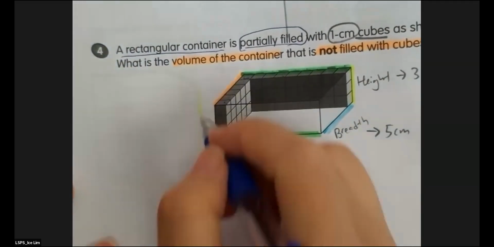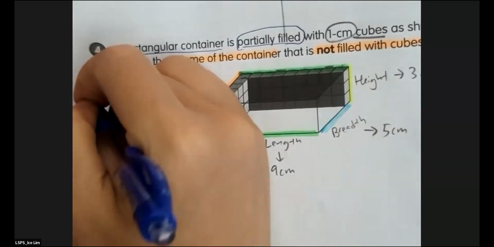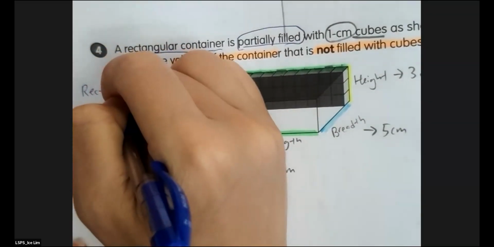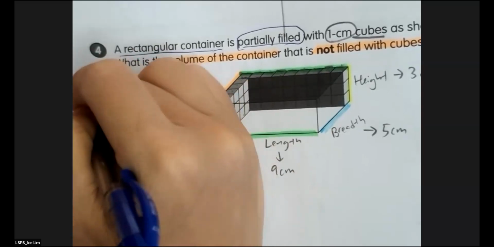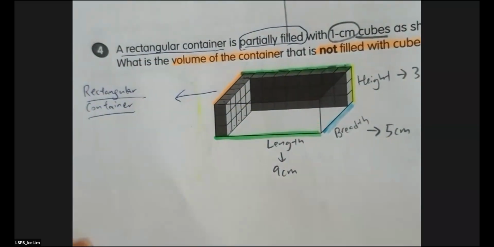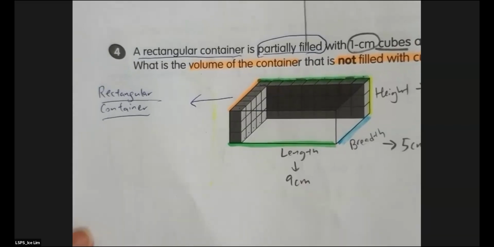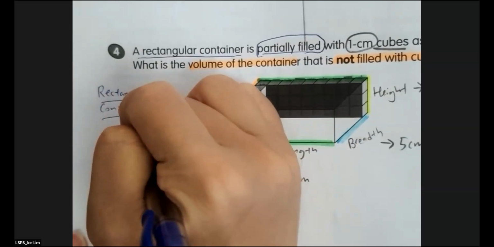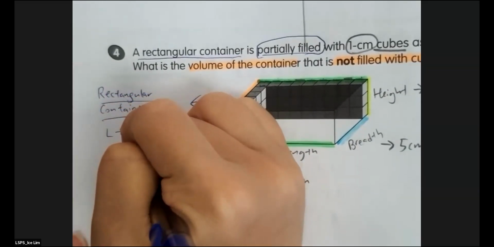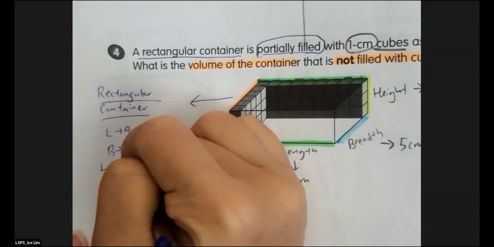So actually, for this side here, I could write down a few things. For the rectangular container, the container itself, no matter with the cube or without the cube, the length was 9 cm, the breadth was 6 cm, and the height was 3 cm.